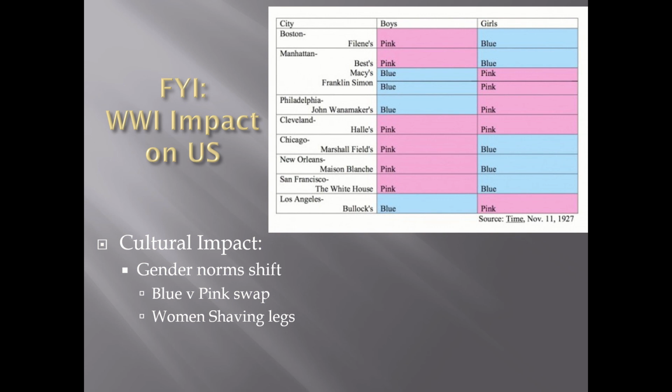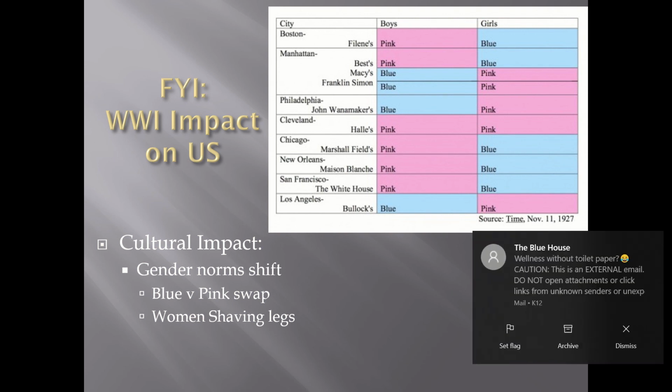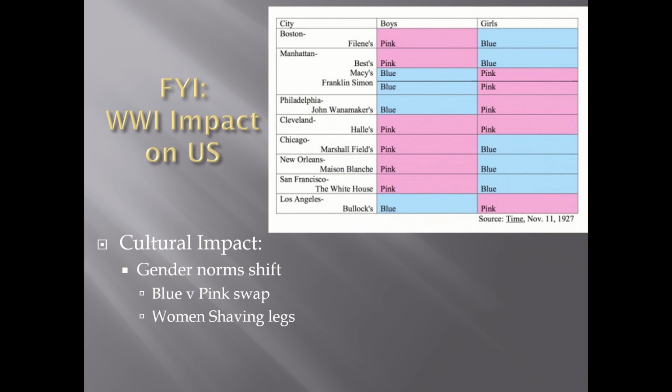So after this, because American Army uniforms are blue, we think that's when blue starts to become the color for boys, which by default just makes pink the color for girls. So what does this show us about these types of gender norms? That, you know, they're made up and they change over time. Right? Okay, that's it for today.